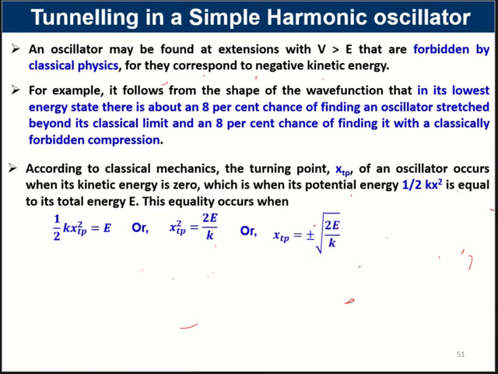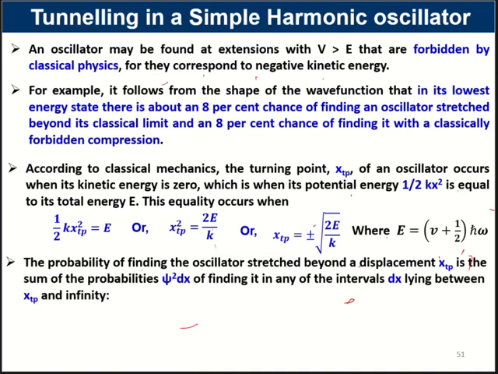Or x_tp can be found through this, v plus half. So beyond these points, what is the possibility that it can be found? What is the probability of it being found beyond the displacement? That is what we try to find, the probability.